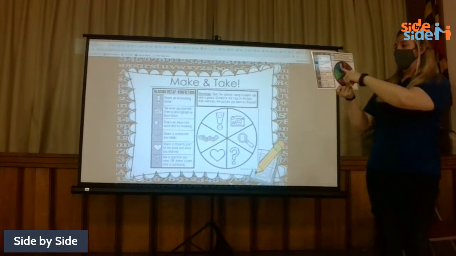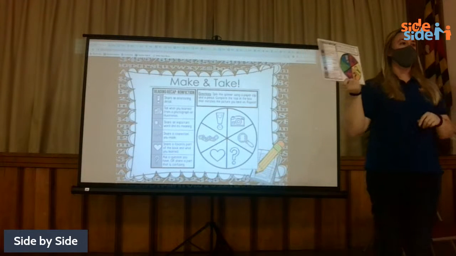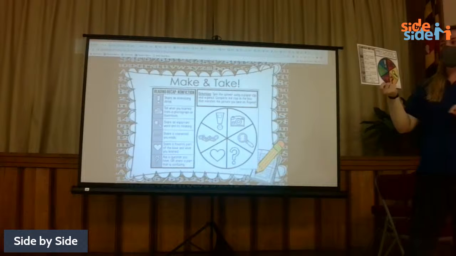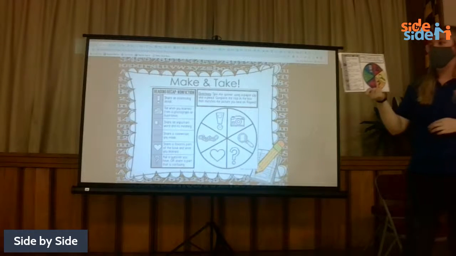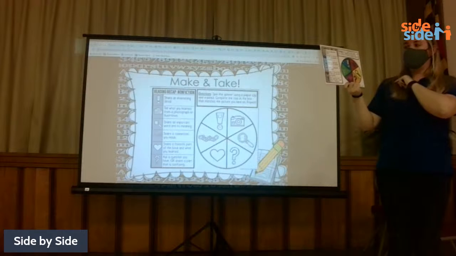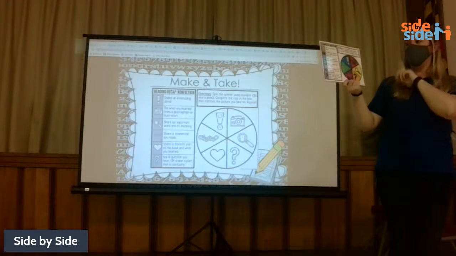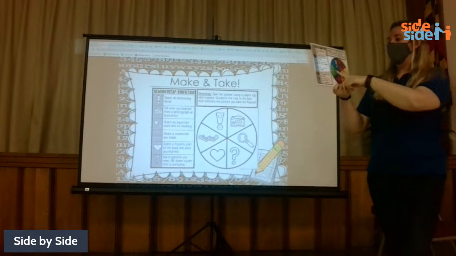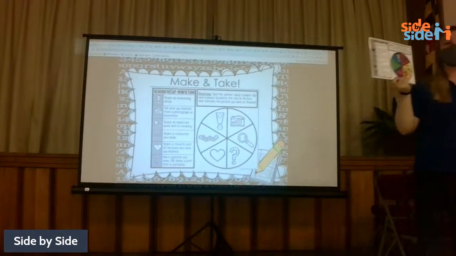So if I land over here, we're going to share an interesting detail. If we land on the camera, we're going to tell what you learned from a photograph or illustration. If we land on the magnifying glass, we're going to share an important word and its meaning. Over here with the links, we're going to share a connection you made.